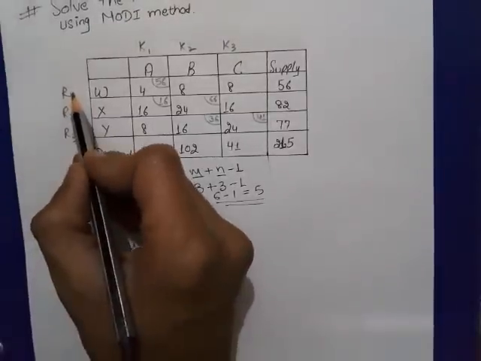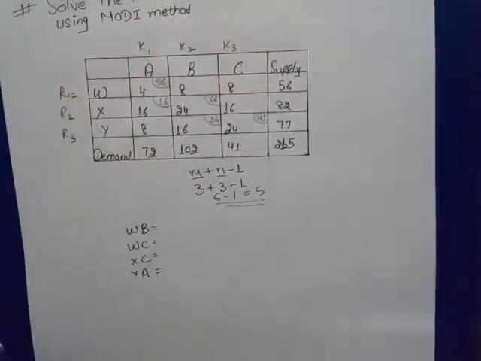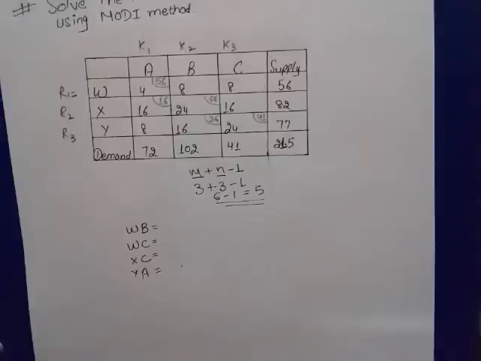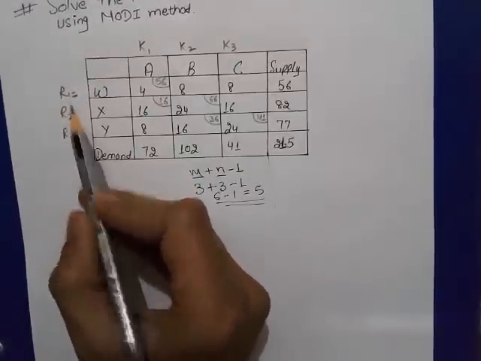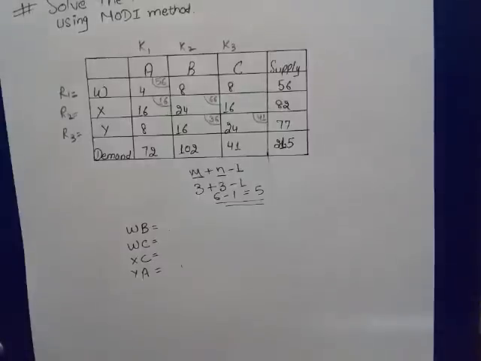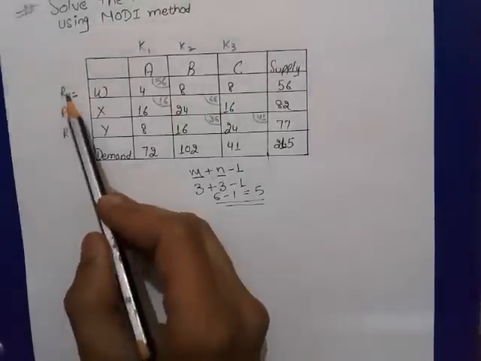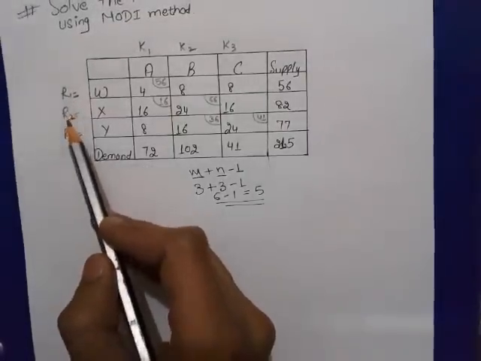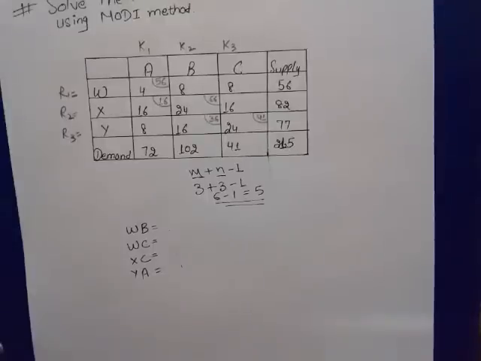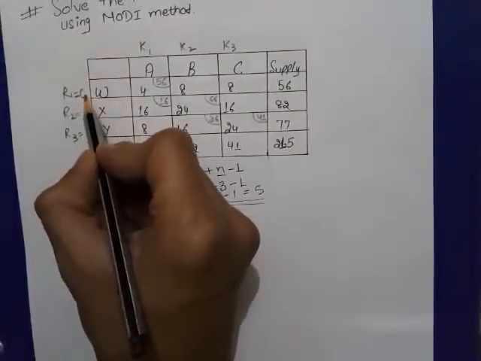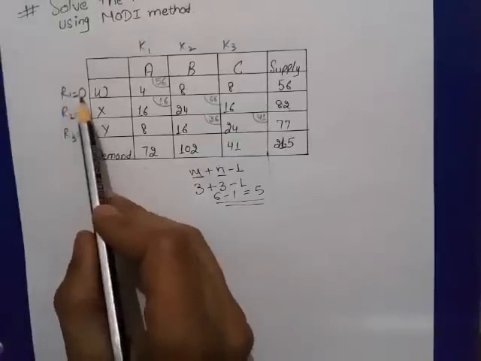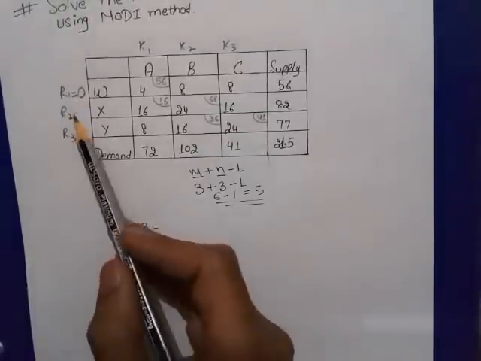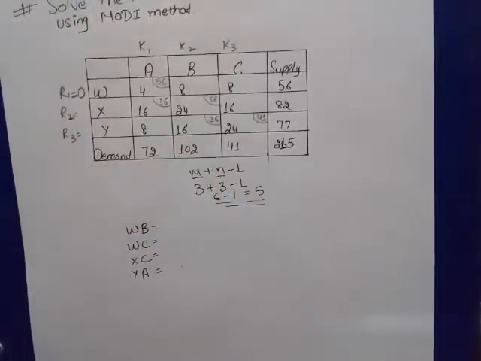First of all, we have to give a value 0 to any of these three, R1, R2, R3. You can give value 0 to any variable, whether it is R1, R2 or R3, but I prefer to give 0 to R1. After giving value 0 to R1, we have to calculate all the values.